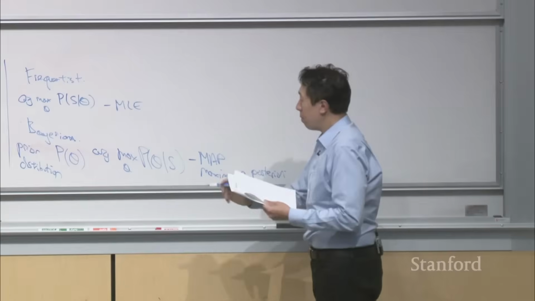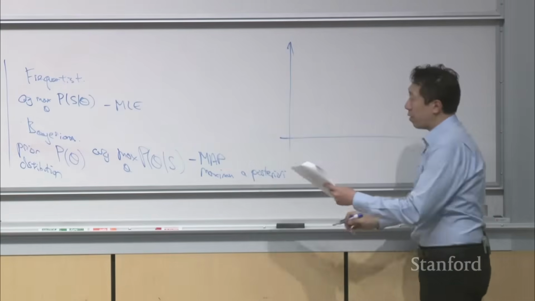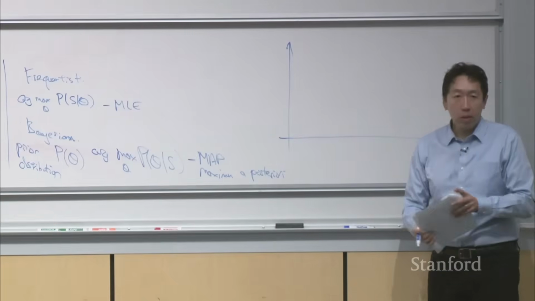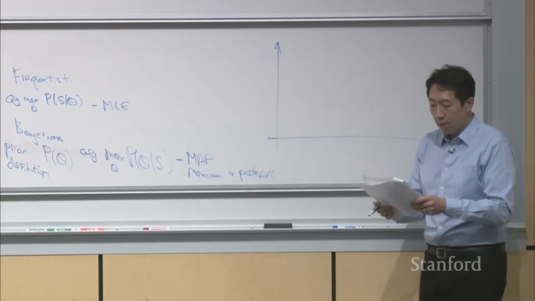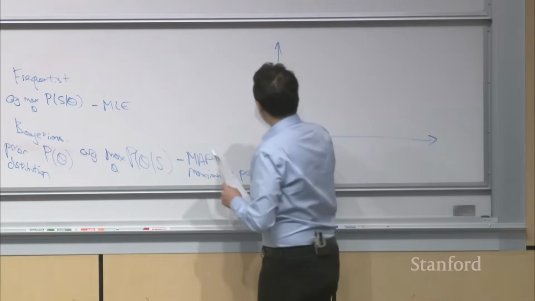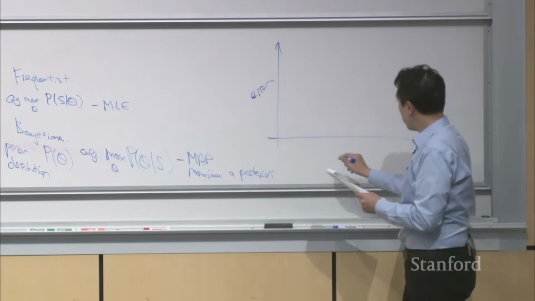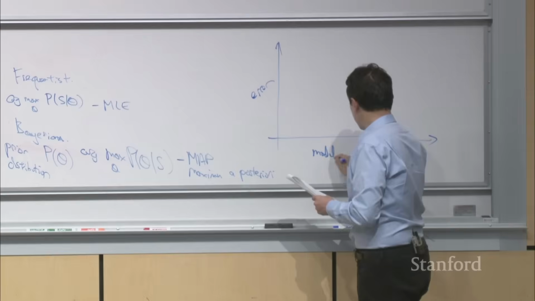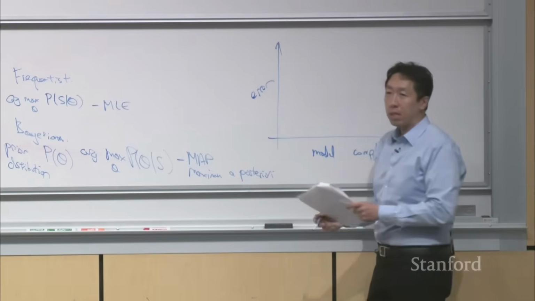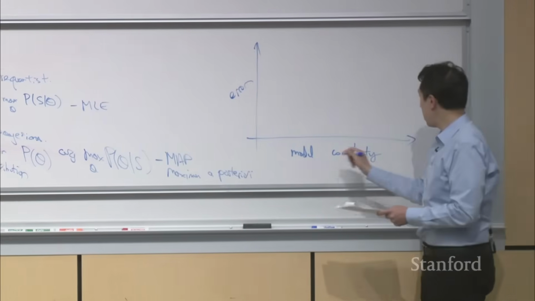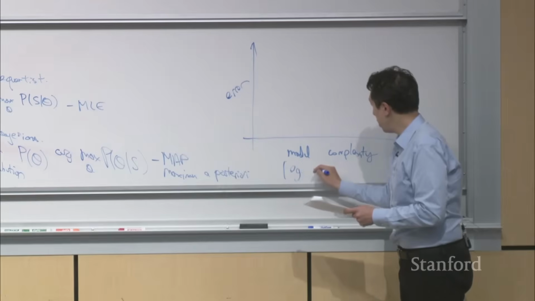So let's talk about regularization and choosing the degree of polynomial. Let's say I plot a chart where on the horizontal axis I plot model complexity. So how complicated is your model? For example, the right of this curve could be a very high degree polynomial.